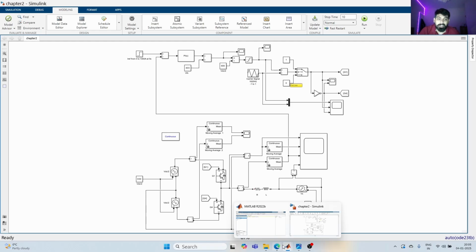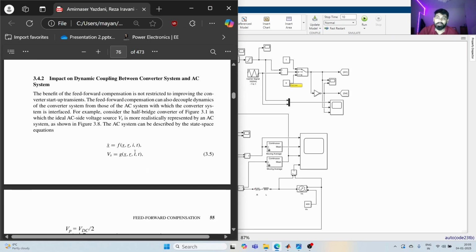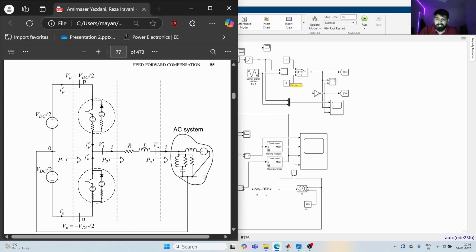Now, the second advantage we will see of the feed forward compensation is the independence or the decoupling of the dynamics of the AC system, a realistic AC system, from the converter system. So what I mean by that is, this is our typical AC system, which as of now we were just representing by a voltage source.